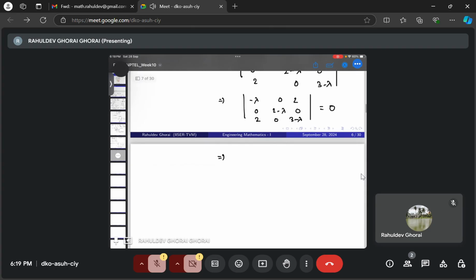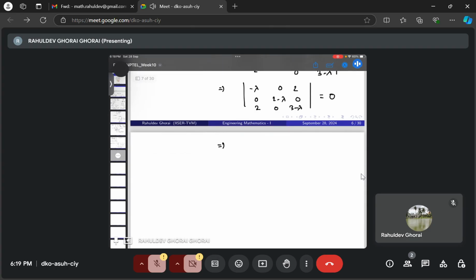Now you know how to factorize this: 2 minus lambda times 3 minus lambda, and then plus 2 times minus 2 times 2 minus lambda, equal to 0.